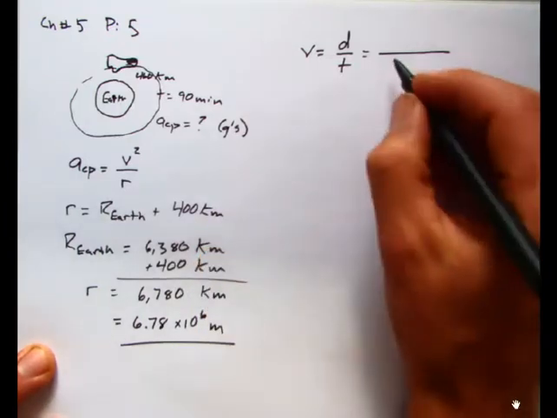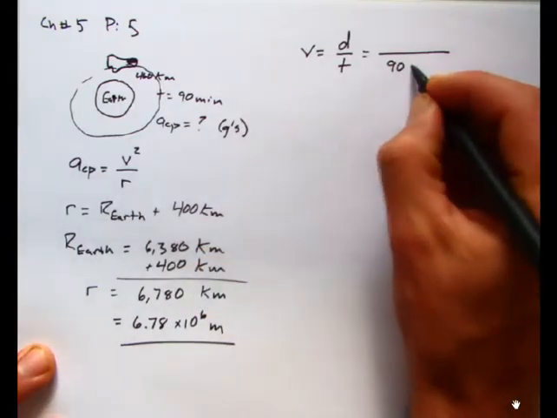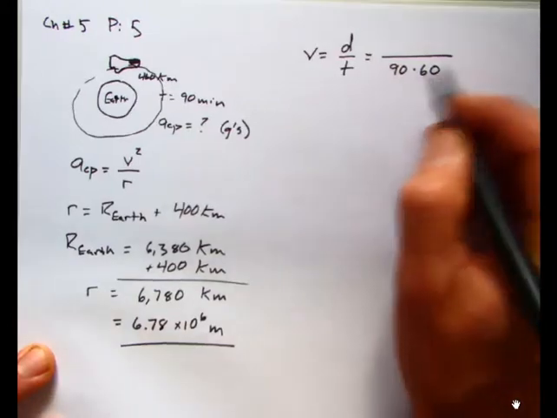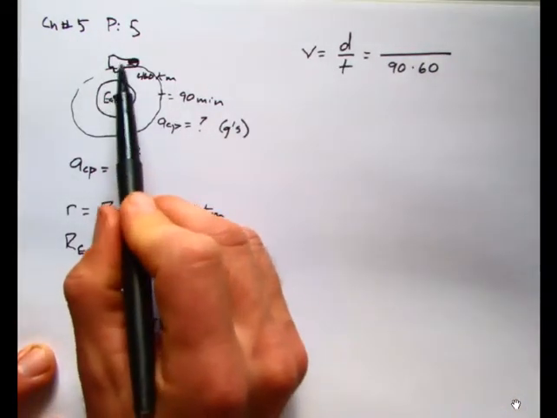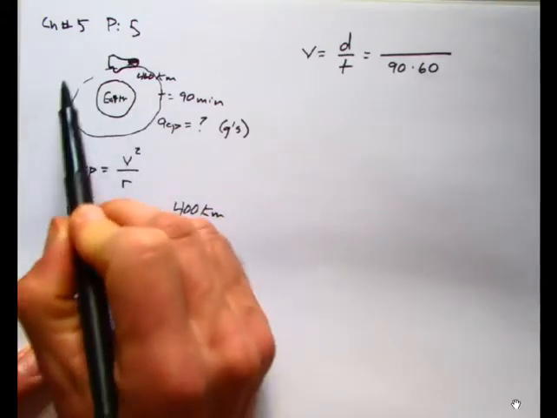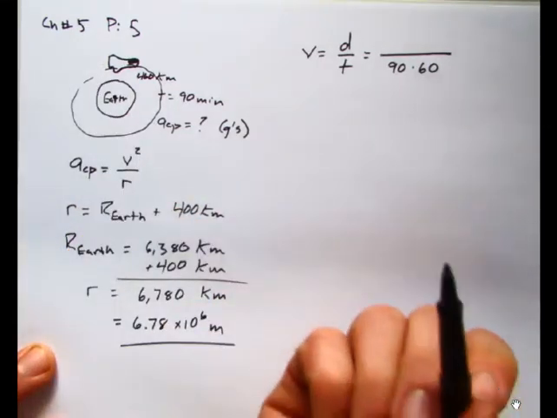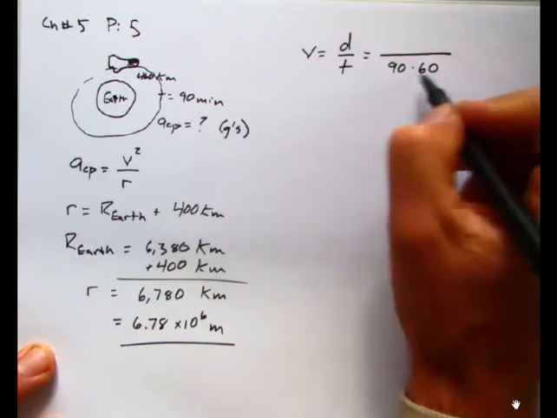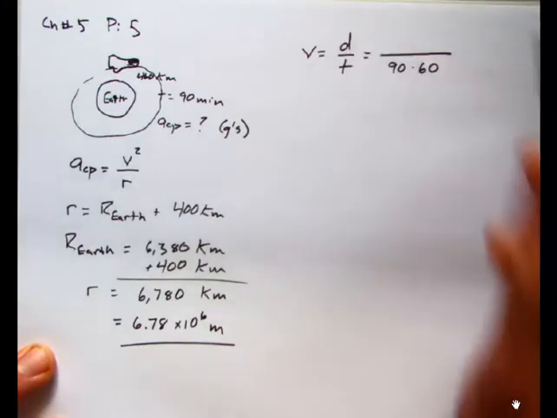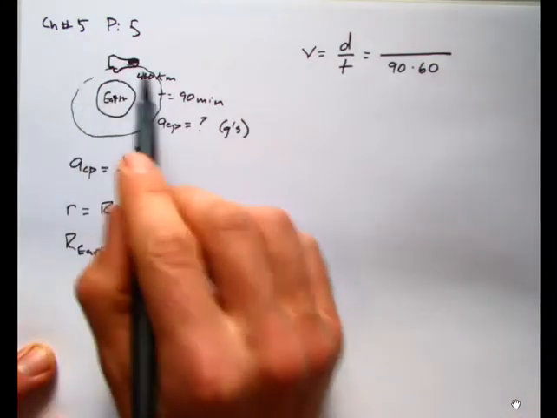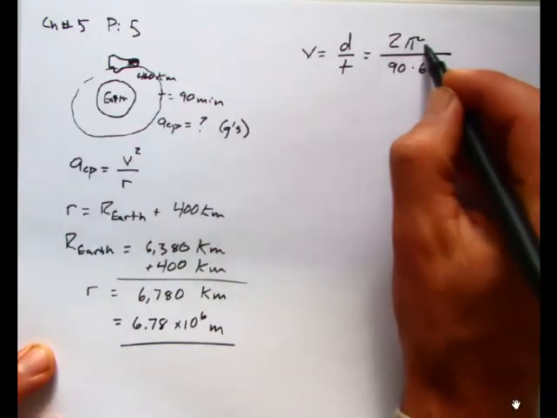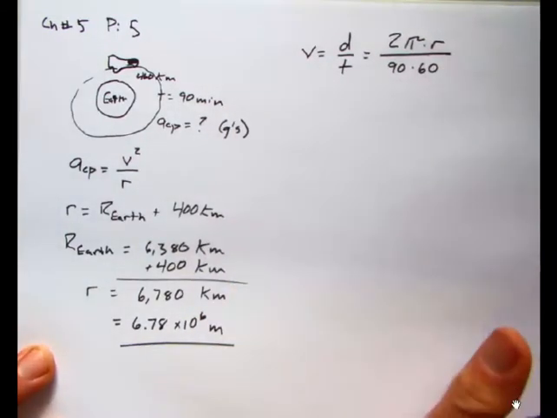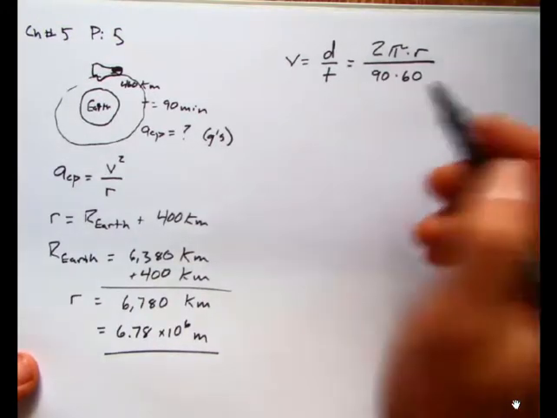So if I take that number and multiply it by 60 seconds, that would get the time for one whole trip, for one whole orbit. Well, what's the distance then? What is d for one whole trip? Well, that would be the circumference of the circle, or 2 pi r, okay?